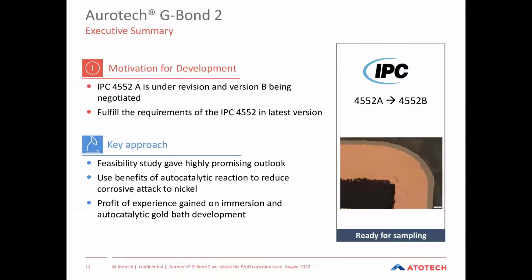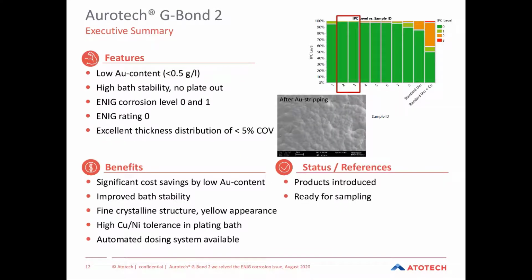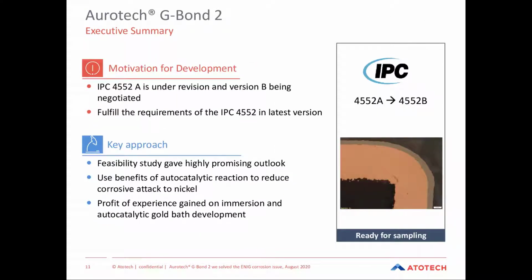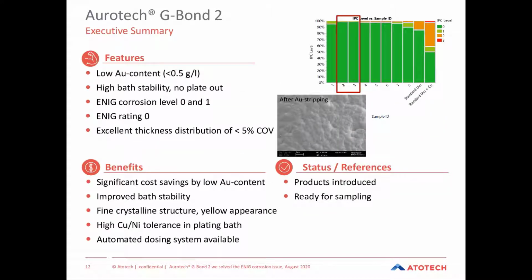And that worked out very well, so that we found very good solutions to provide for the autocatalytic reaction also for ENIG. So the status is that the base is ready for sampling. We have the products there, and it's applicable for sampling in the tech centers in Asia, in China, or here in Berlin, in Europe. And it is also available for sampling at the customer side in the US, California.